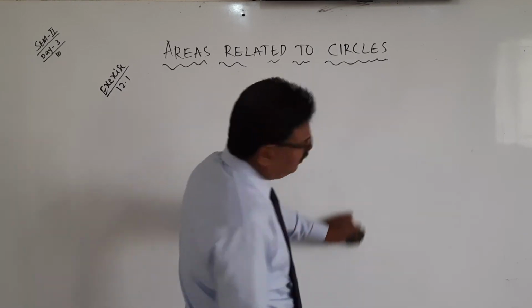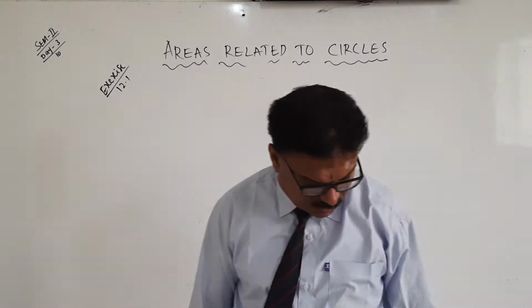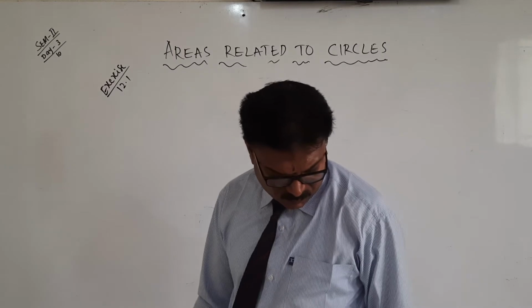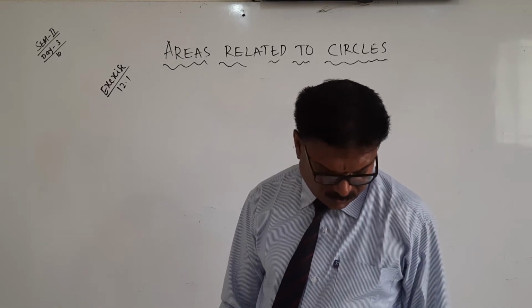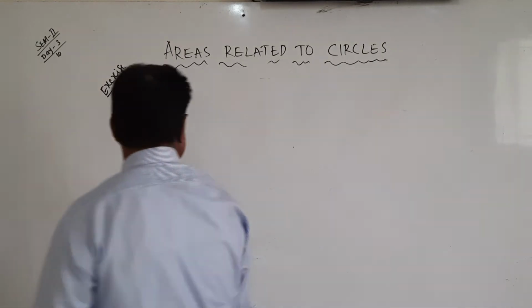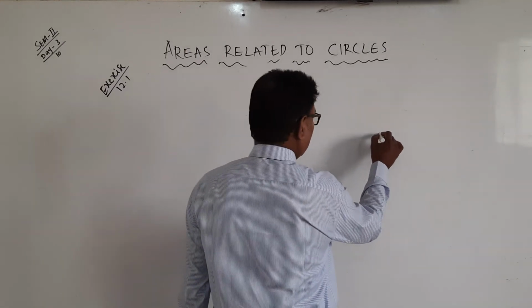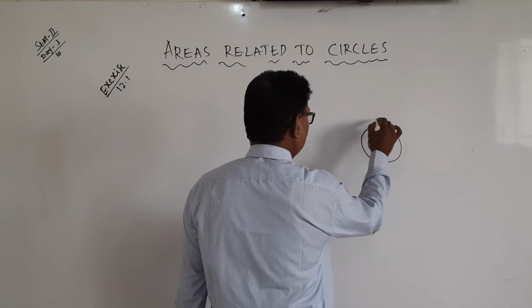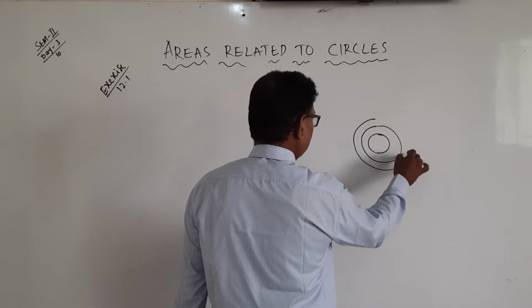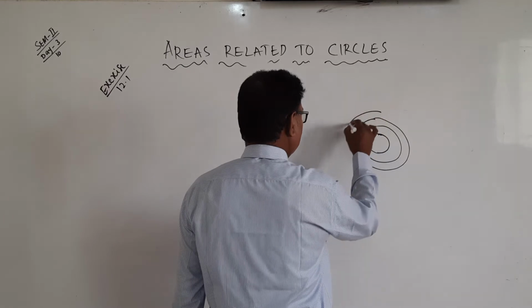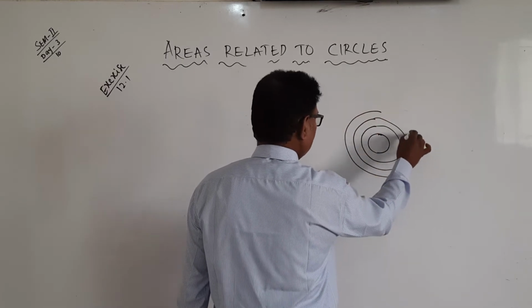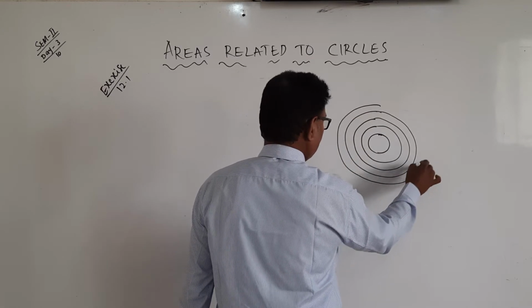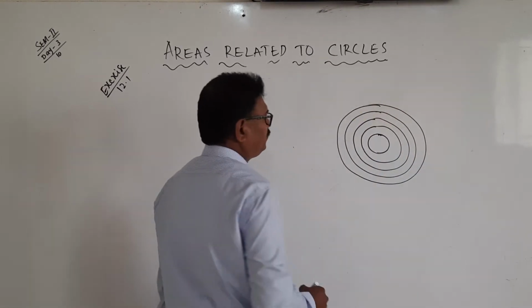So very simple problem, just you understand. Third problem. There are 1, 2, 3, 4, 5 circles.